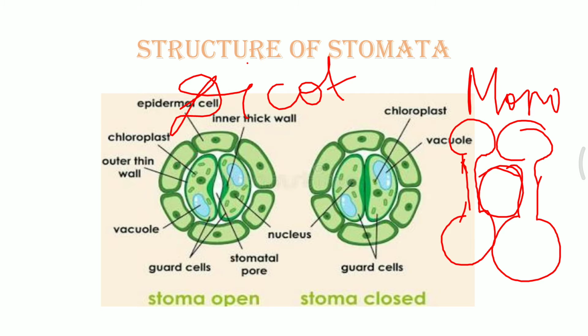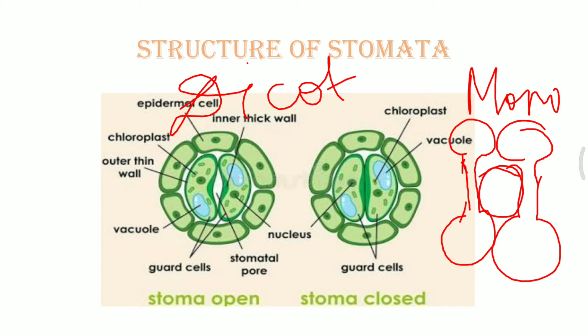Now these epidermal cells are surrounding the guard cells, and the structure of each of the guard cells is also very important. It has the presence of vacuole, nucleus, and other cell organelles, but the inside part of this curved area or the kidney shaped structure is thicker, whereas the outer area or outer covering is thinner.